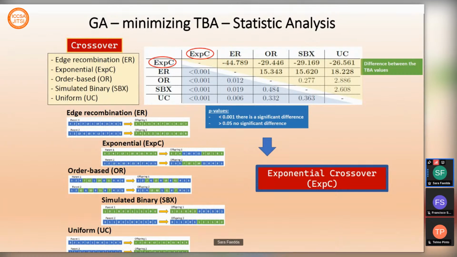Okay, the statistical analysis. So when we were testing the crossover, in the upper triangular part of the table we have the difference between the TBA values, and on the lower triangular part we have the p-values. So here we concluded that the exponential crossover was the most suitable.